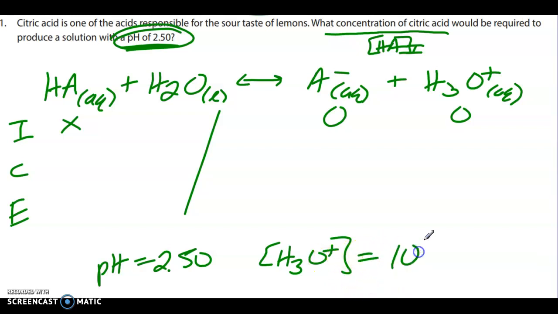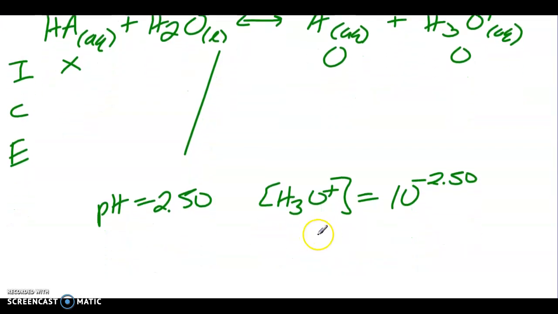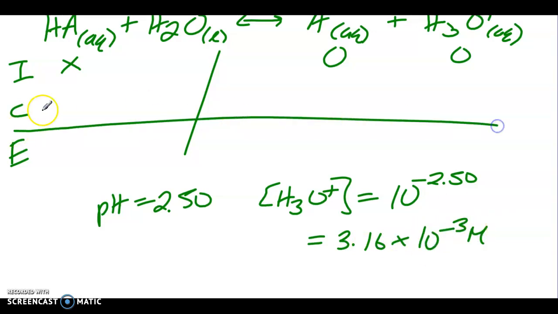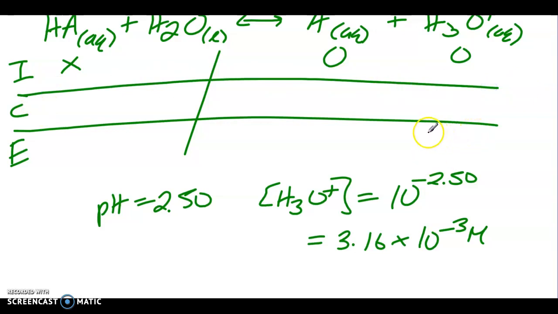So if I do 10 to the negative 2.50, this is going to give me 3.16 times 10 to the negative 3. So that tells me that this is 3.16 times 10 to the negative 3, and so is this, right?